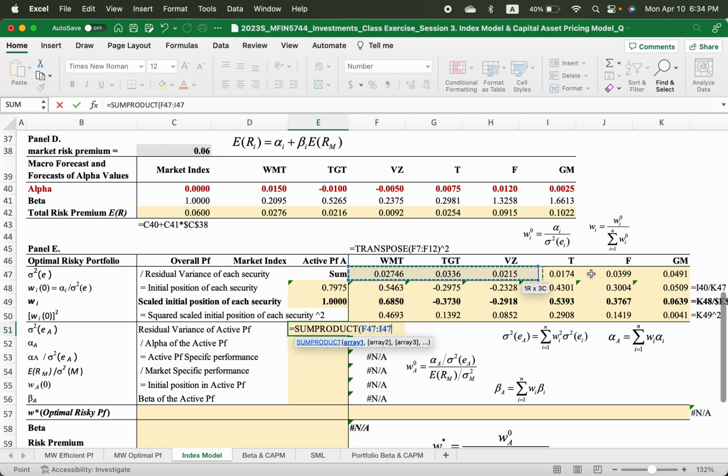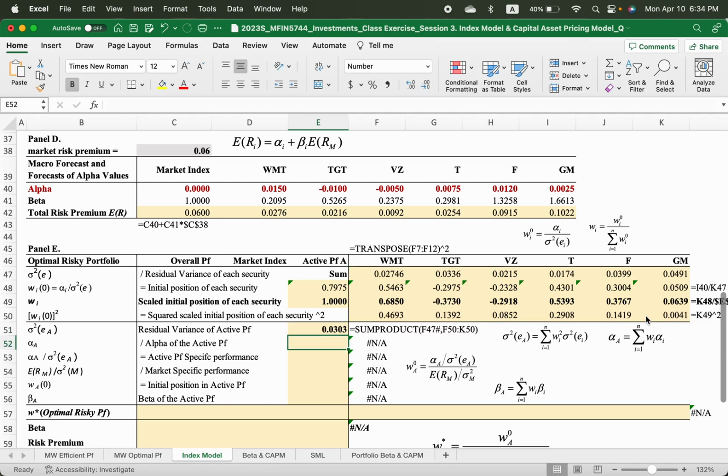SUMPRODUCT of Walmart to the GM, comma, and the squared part, because what you are calculating is the variance, right? The variance. Now with SUMPRODUCT, we got the residual variance of the active portfolio.